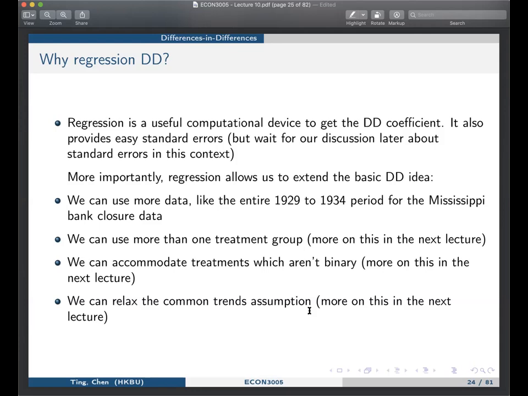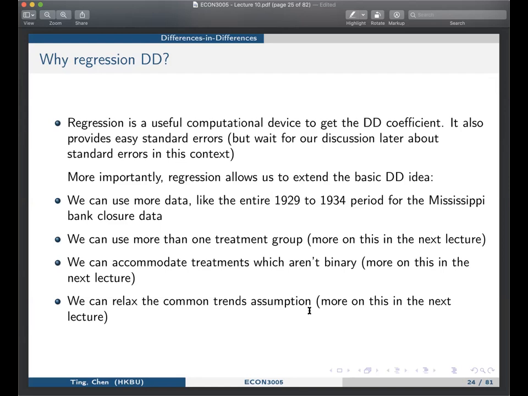How about if our treatment, for example, in the banking crisis example, suppose we didn't compare district 6 and district 8. Suppose we have another district, maybe district N, and district N also adopts an active lending policy, but it didn't make that much effort. For example, if the Atlanta Fed increased their lending to banks by maybe 40%, this district N actually increased only by 20%.